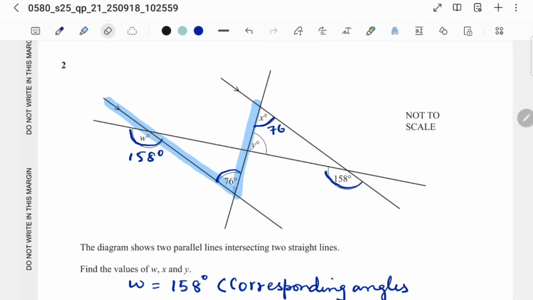You can do this as well. So 158 is equal to y and 76. The exterior angle is equal to the sum of the opposite interior angles, or you can find this angle and the sum will be equal to 180 degrees. That thing also you can do.